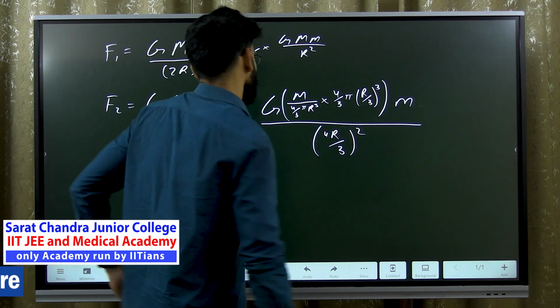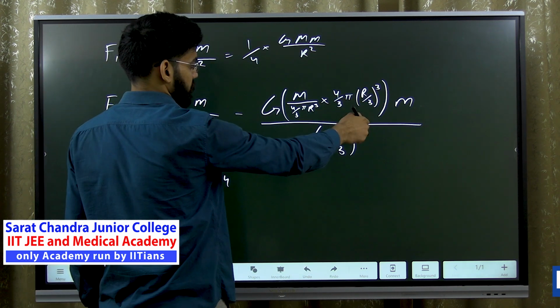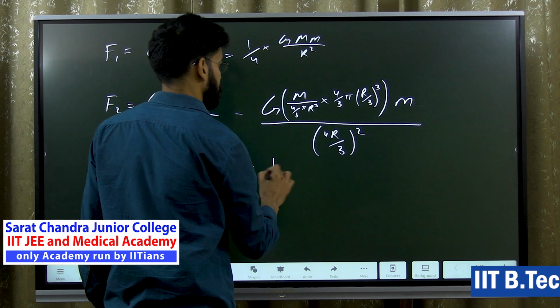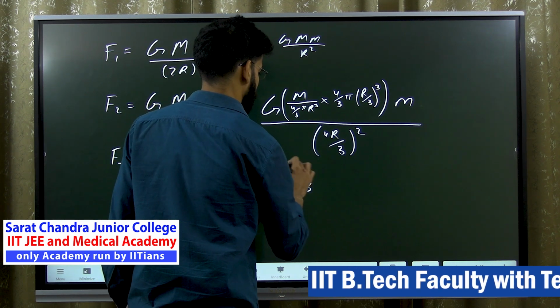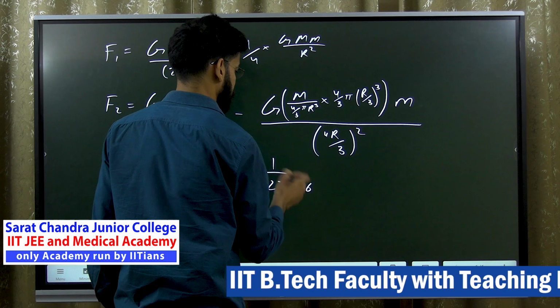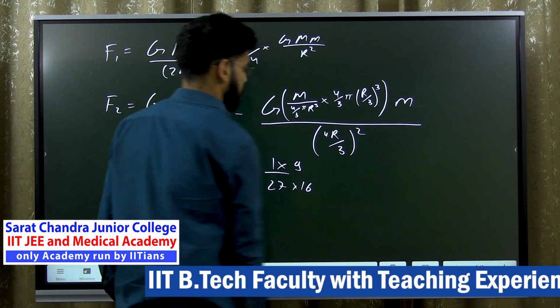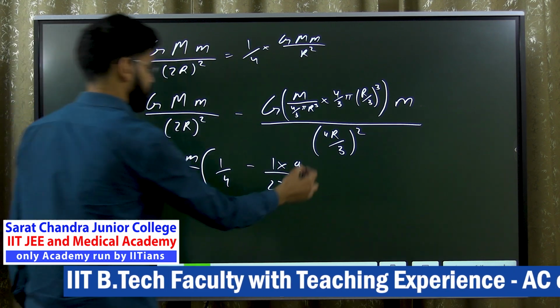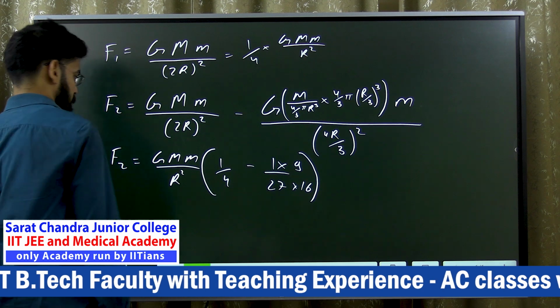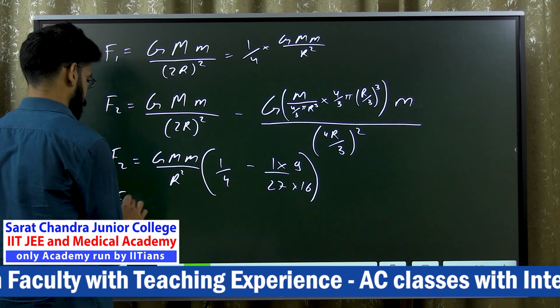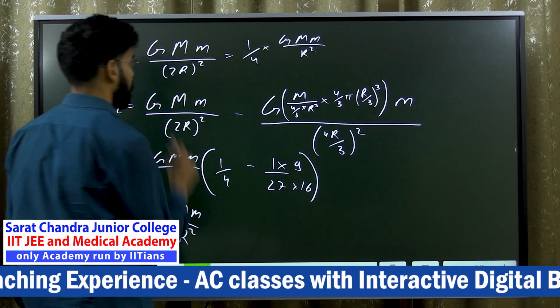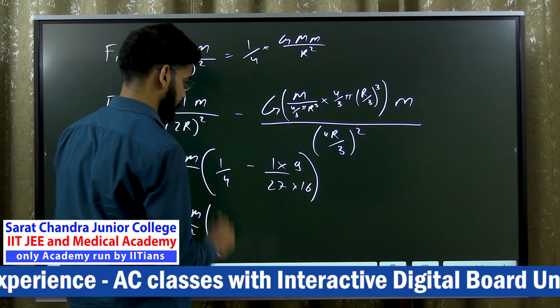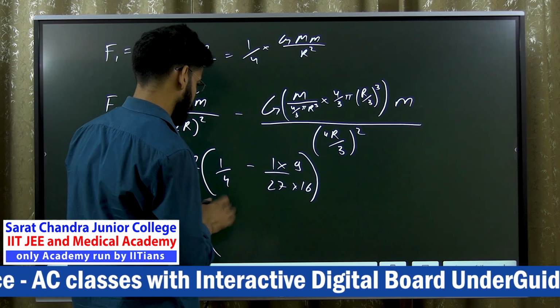So 3 3s are 27, this is 1 by 27, and this will come 4 4s 16, and in numerator it will go 9, right? Okay, that's it. This is what I got. Okay, now calculate the F2, this numerical value, G M m by r square. Okay, so if I solve, what I get, no need to solve that much.